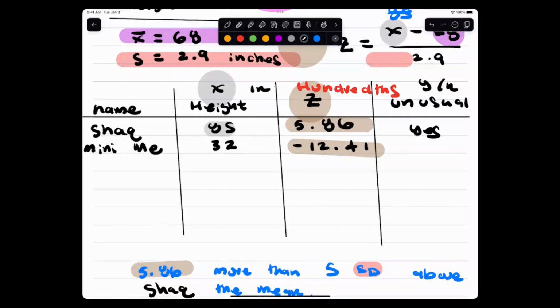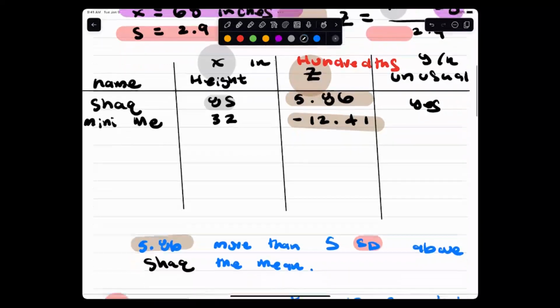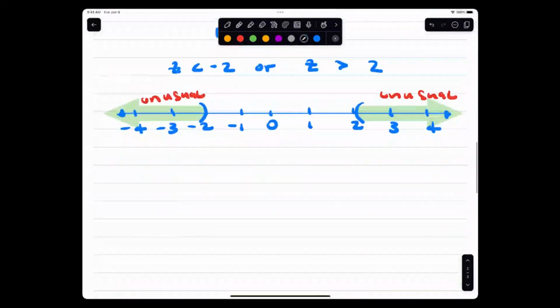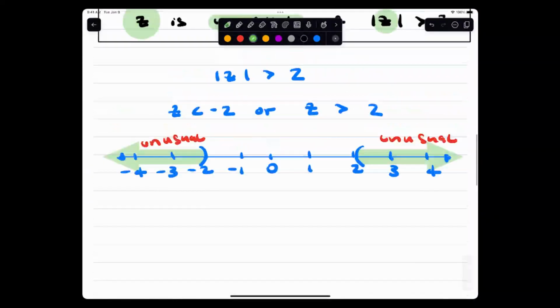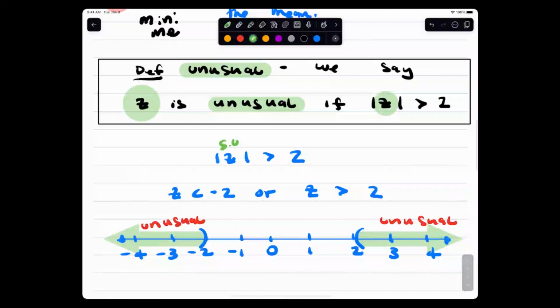Now, you might say to me, why, Mr. Judge? Well, what happens if you plug in that number in your absolute value, right, of 5.86? Okay. So you can do two things. You can plug in 5.86, which means the absolute value of 5.86, is that bigger than 2? That's 5.86.